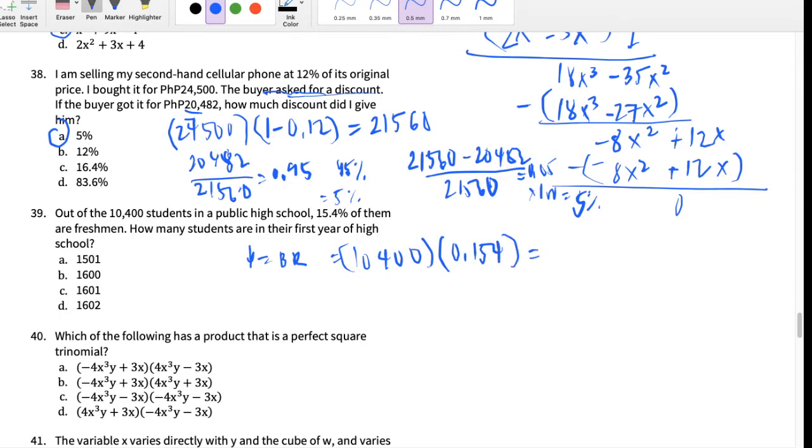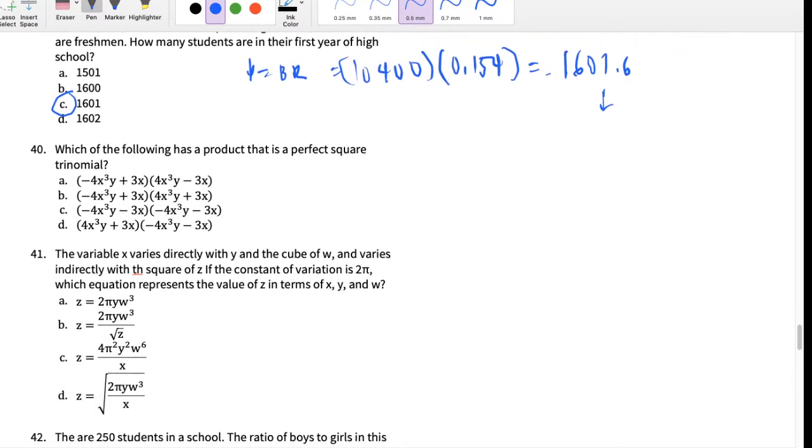This is equal to 1,601.6. Okay, guys, since tao yung pinag-uusapan dito, dapat integer yung sagot. We will round down. Kasi otherwise, greater than 15.4% yung 1,602. Okay, so the answer here is letter C.